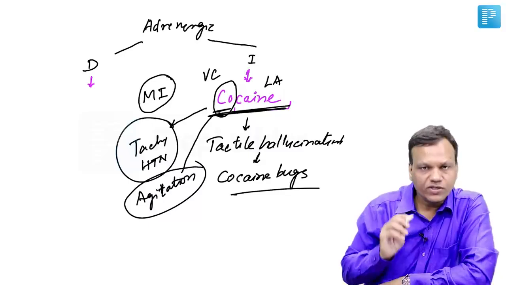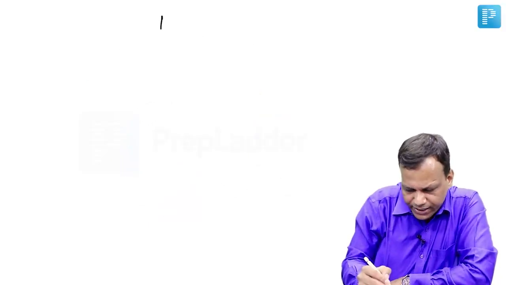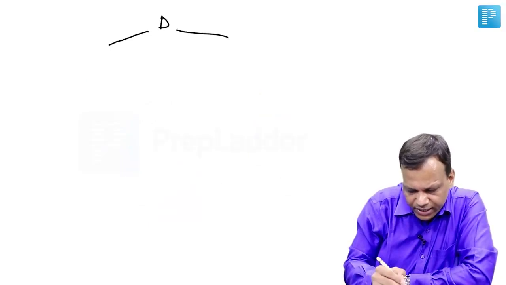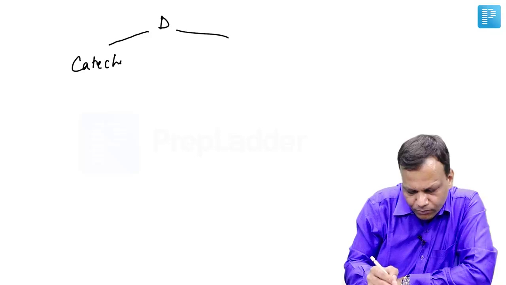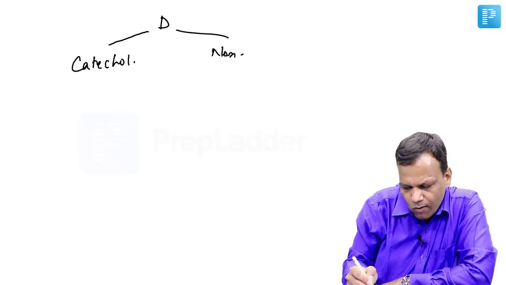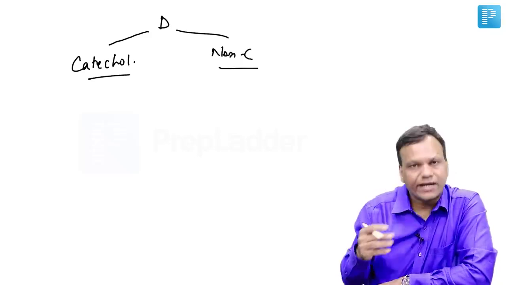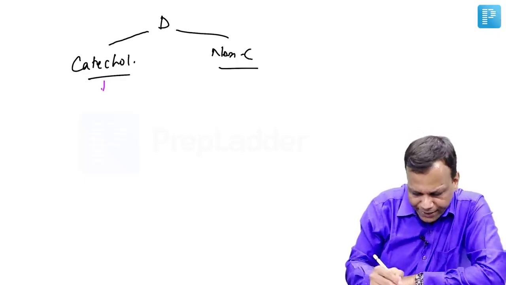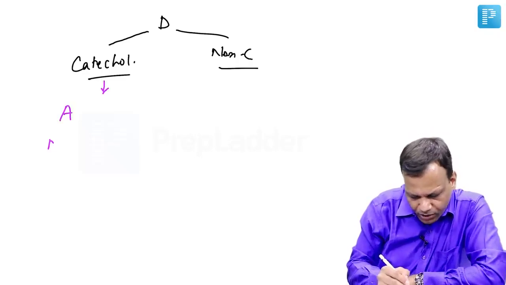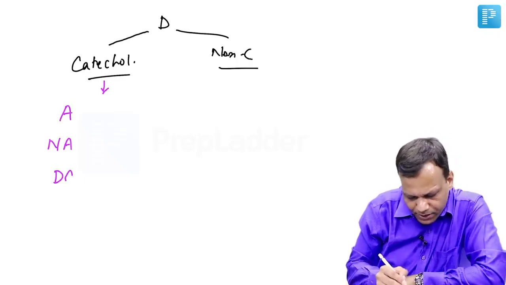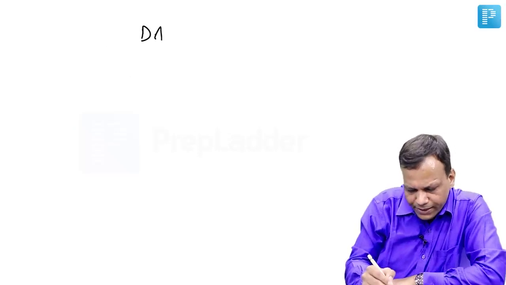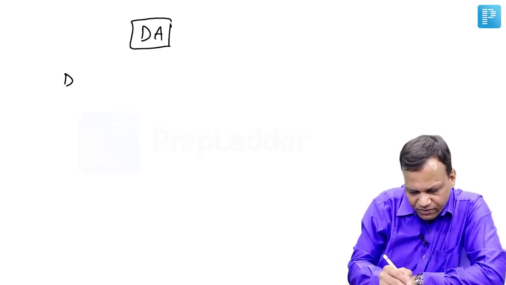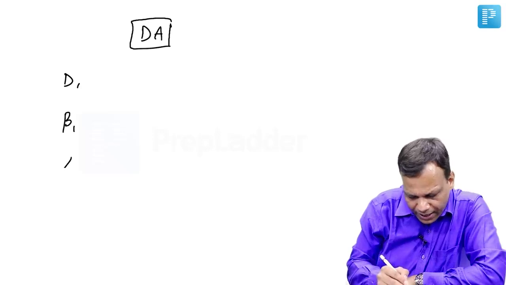Okay? Then moving to directly acting drugs. Directly acting adrenergic drugs we can divide into catecholamines and non-catecholamines. The main catecholamines, although we have many more, are adrenaline, noradrenaline and dopamine. Starting with dopamine. Dopamine acts on three main receptors, D1, beta 1 and alpha 1.